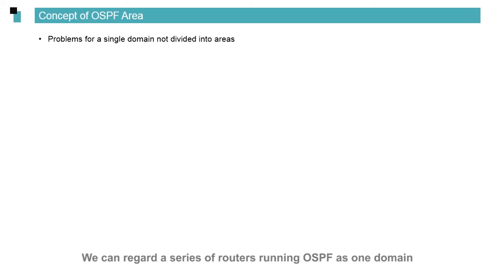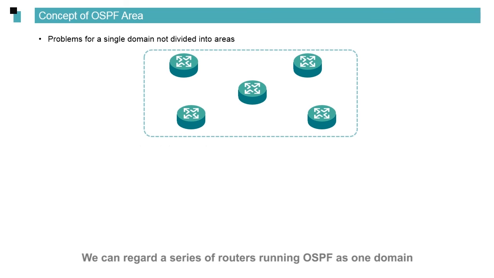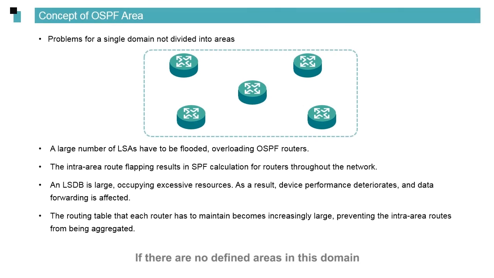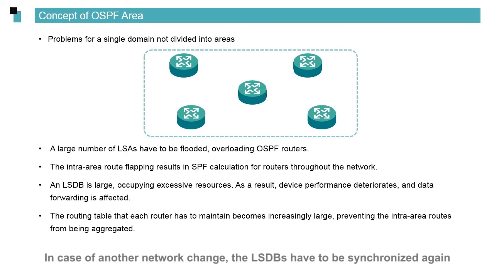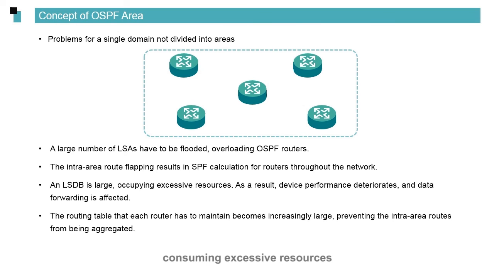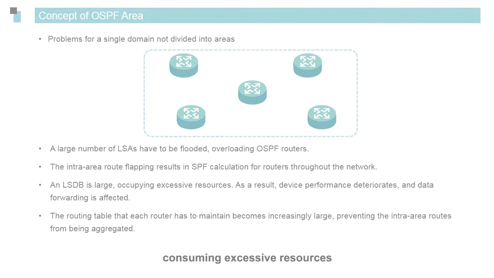We can regard a series of routers running OSPF as one domain. If there are no defined areas in this domain, routers in the same AS have to synchronize their LSDBs. In this case, each router's LSDB becomes increasingly large. In case of another network change, the LSDBs have to be synchronized again, consuming excessive resources.